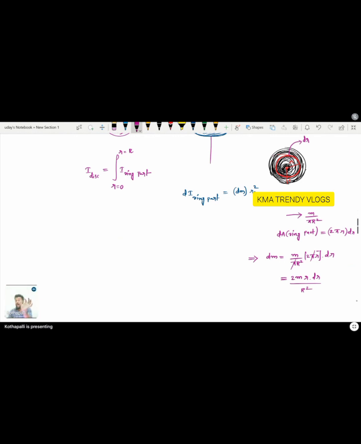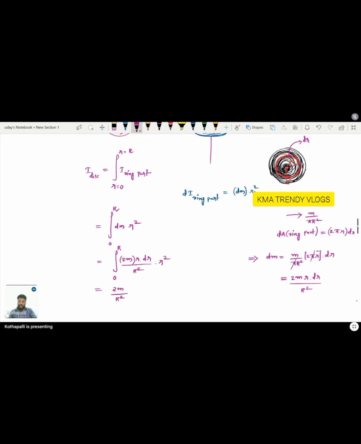Now we have got the mass of the ring part, and we also know the radius of the ring part. Then if I substitute here, dm into r square from 0 to capital R, it will be the integral of dm, which is 2M r dr by capital R square, into again small r square, from 0 to R. Take the constants out. 2M by R square is constant.